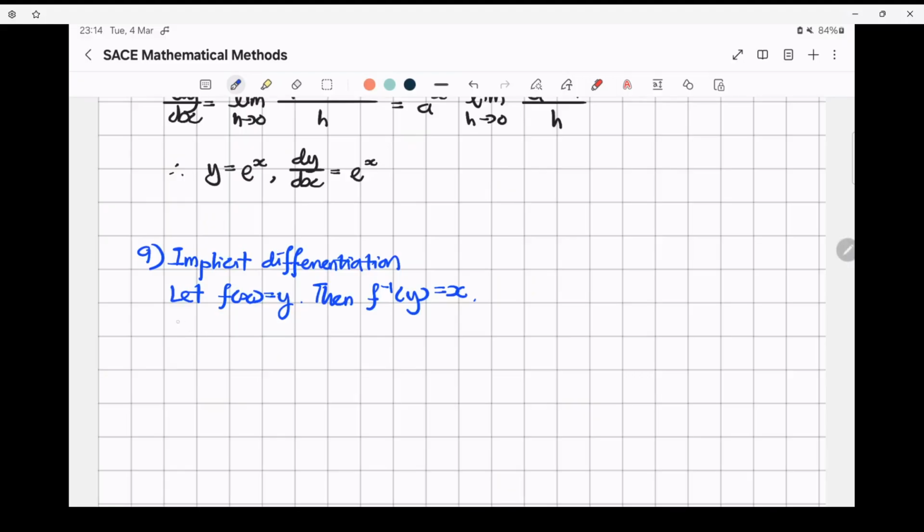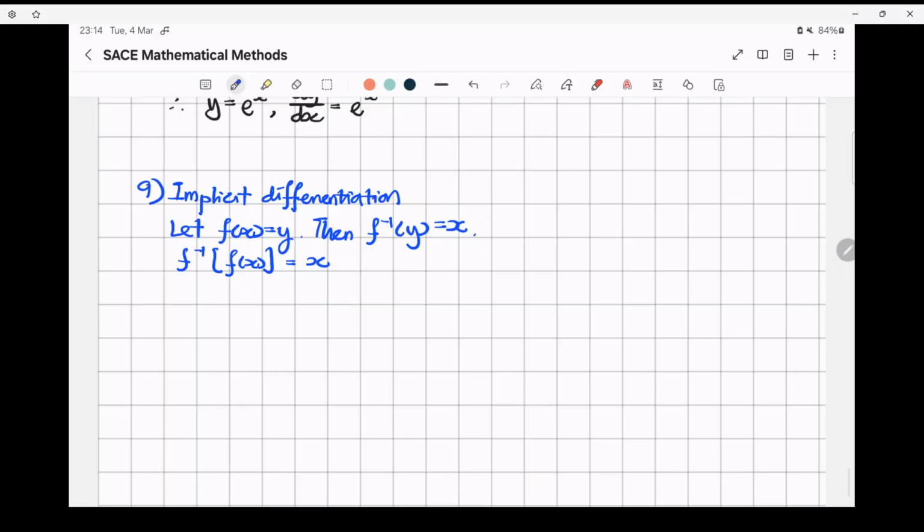We know that the inverse function composite with the original function will give us x, right? We also already define f of x equal to y, so we need to remember that. So here we can use chain rule.